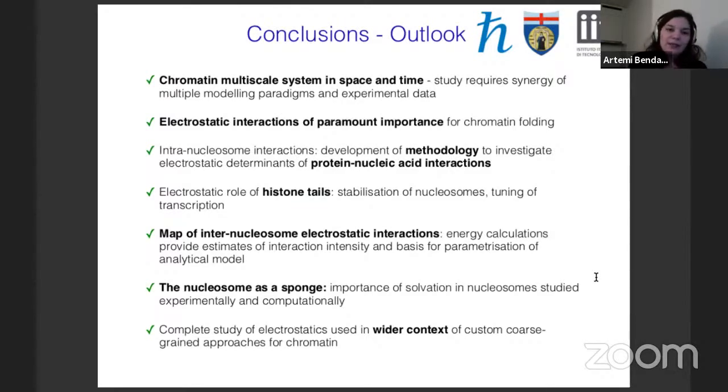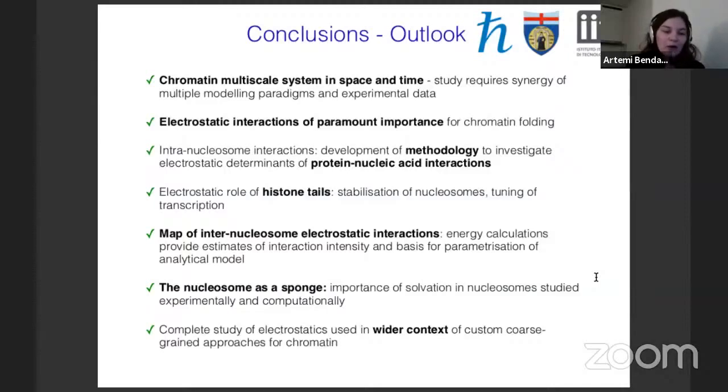In my project, we studied intra-nucleosome interactions by developing a methodology to investigate the electrostatic determinants of protein-nucleic acid interactions. We also looked at, using this methodology, the effect of the histone tails, and we saw that they stabilize nucleosomes, they tune transcription, and we were able to see what happens when they are truncated. We were able to see the role of specific residues that were very interesting.